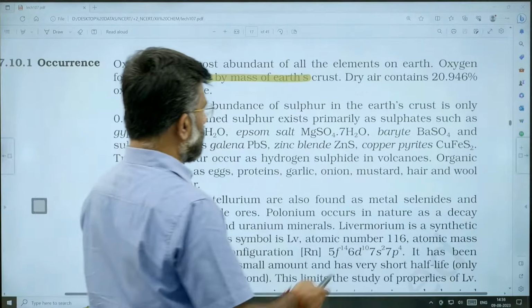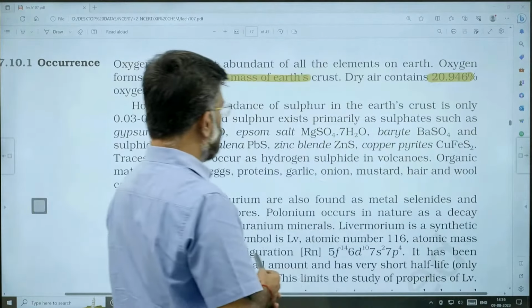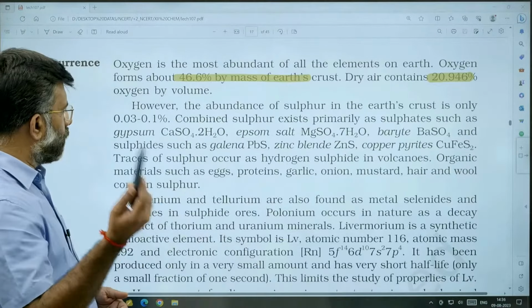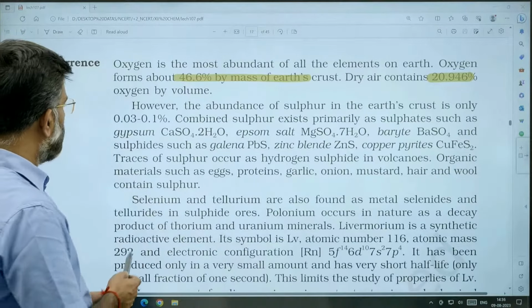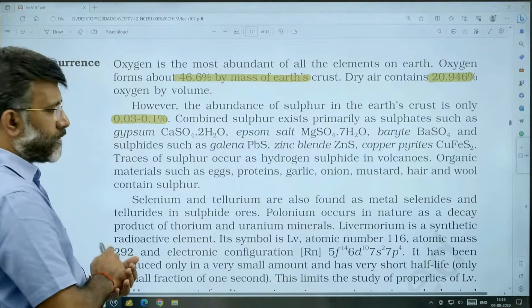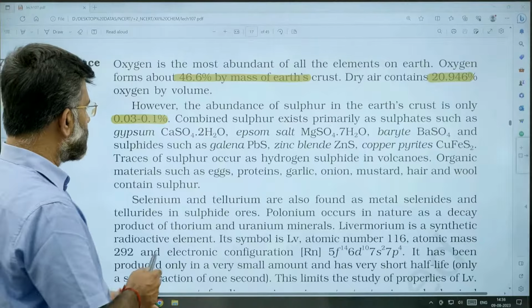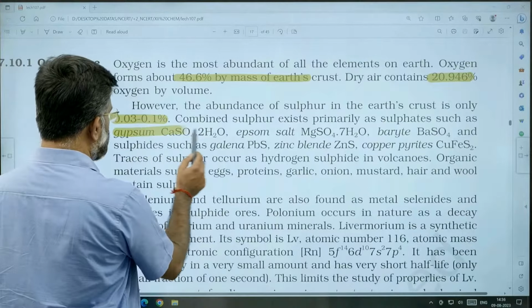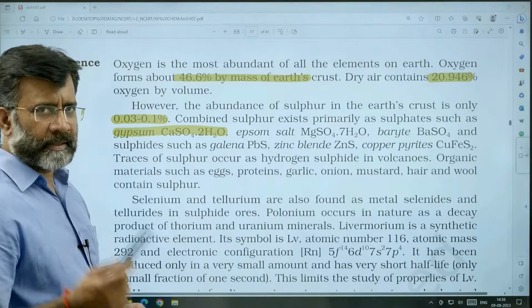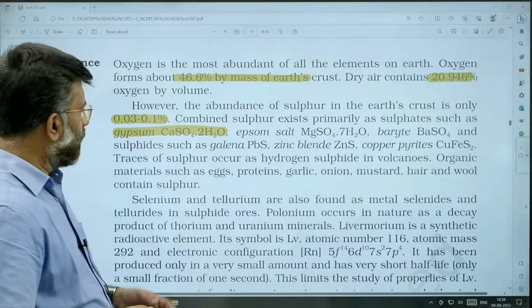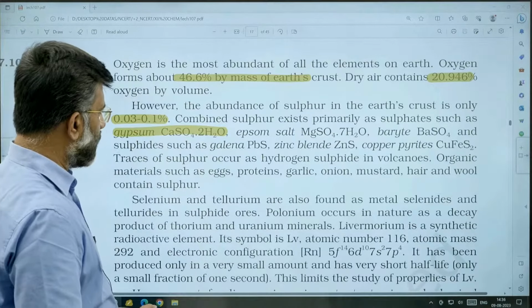Dry air contains approximately 21% oxygen by volume, all of you know. Abundance of sulfur is 0.03 to 0.1% and it is available as sulfates. Gypsum, learned in the 11th standard topic, calcium sulfate dihydrate.